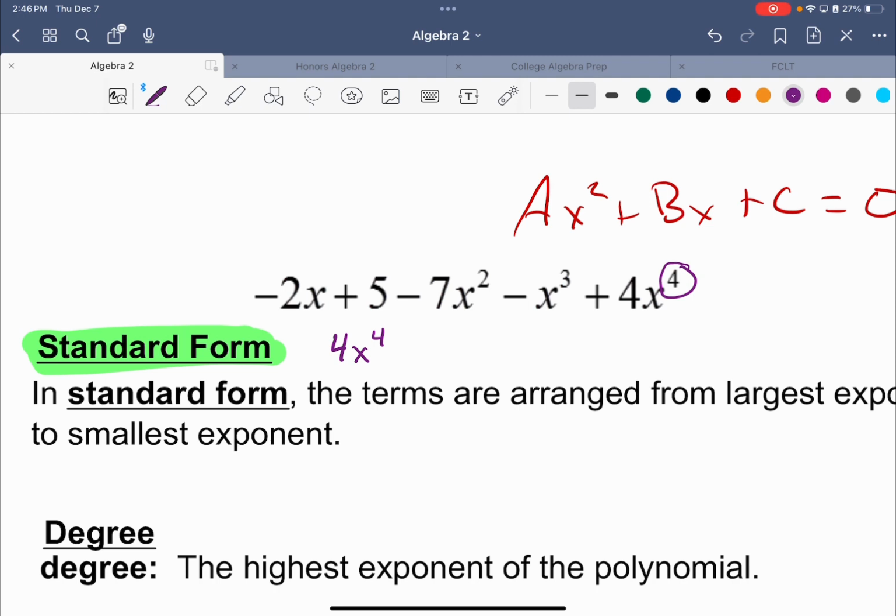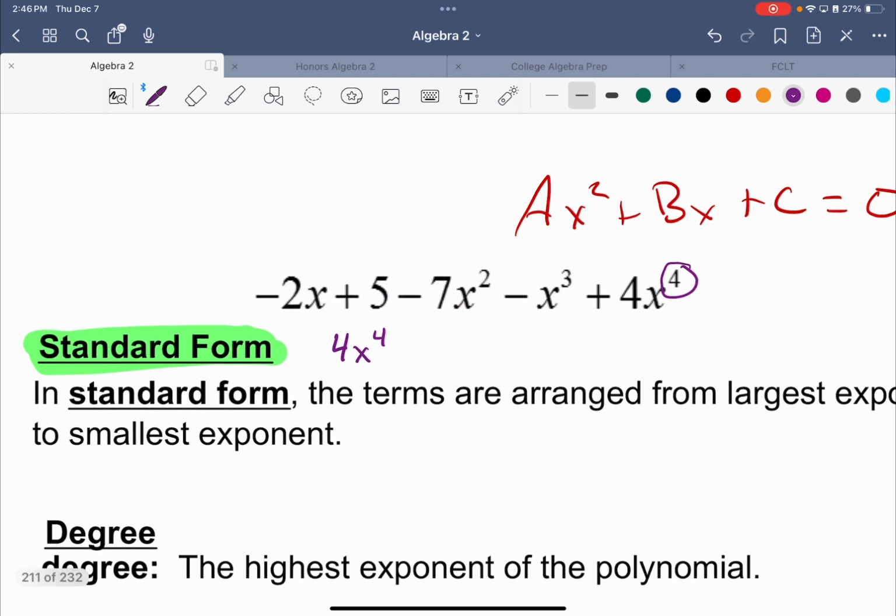Now we look to see if there's an x to the 3rd. There is. So we're going to bring the sign along with it, so it's minus x to the 3rd. Now we look for x squared, so negative 7x squared. Now we've got a negative 2x, so we're going to put negative 2x. And then plus 5 at the end.